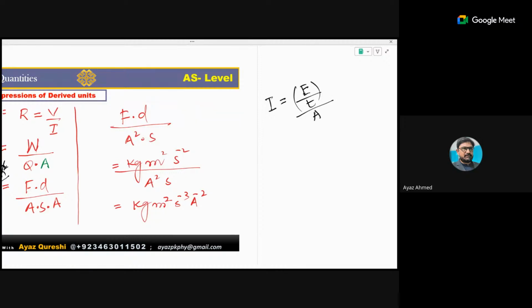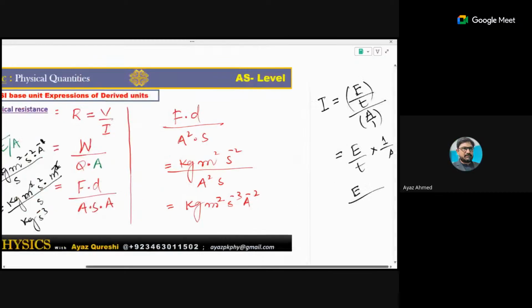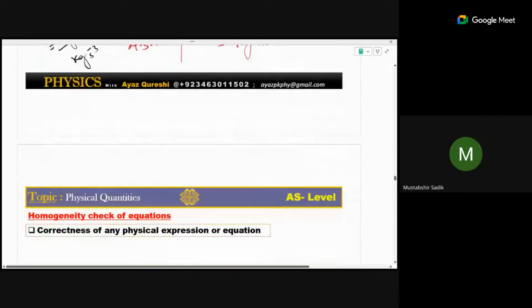So you can write it as area by 1, okay. So energy divided by time into 1 upon area, when it goes up it would basically become minus 1. Okay? Yes, sir. Is it clear or should I explain it more? Yes, sir. Clear.